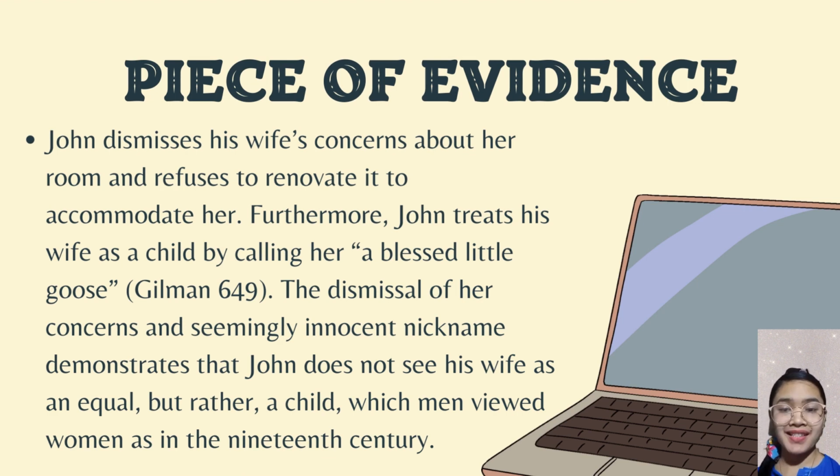John dismisses his wife's concerns about her room and refuses to renovate it to accommodate her. Furthermore, John treats his wife as a child by calling her a blessed little goose. The dismissal of her concerns and seemingly innocent nickname demonstrates that John does not see his wife as an equal, but rather a child, which men viewed women as in the 19th century.